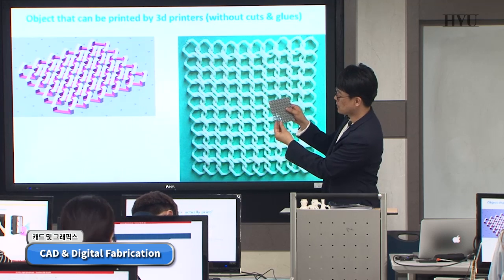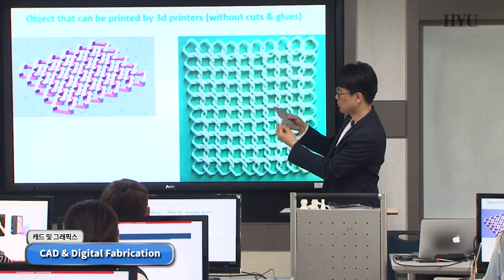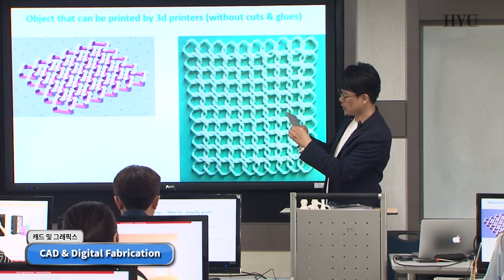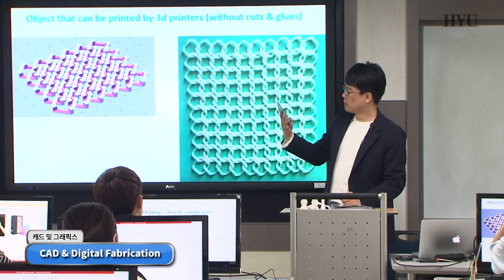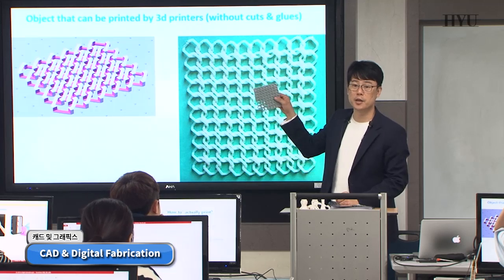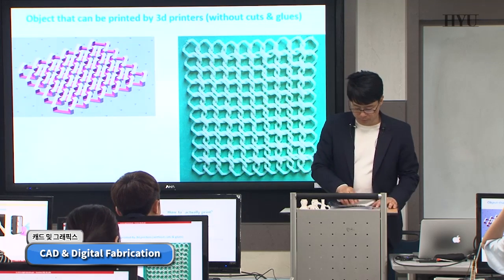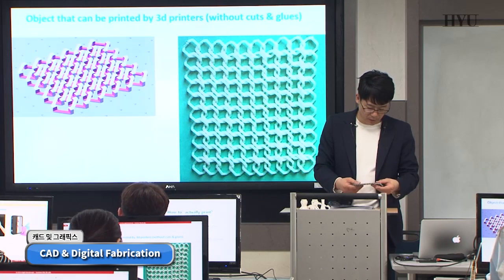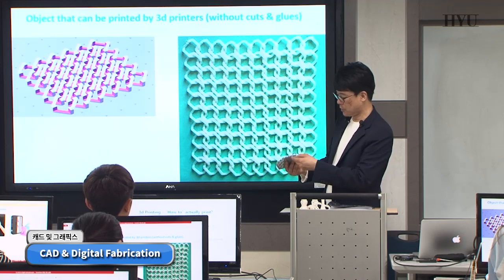And take a look, there are lots of unnecessary support parts we have to get rid of from the structure like this. And then we can get the final product, okay, like this. This is the way of creating objects using this kind of 3D tool.